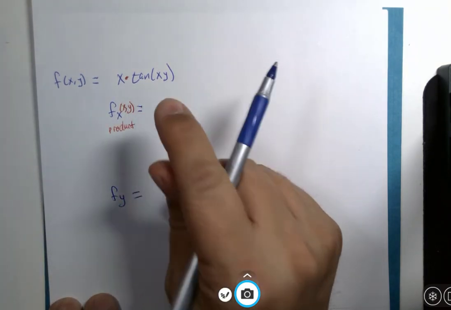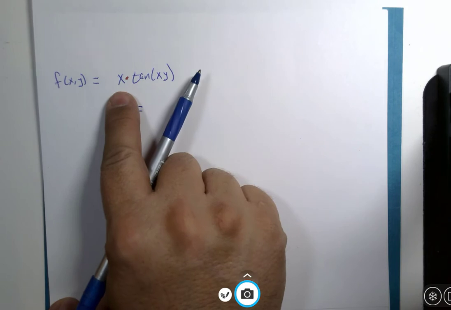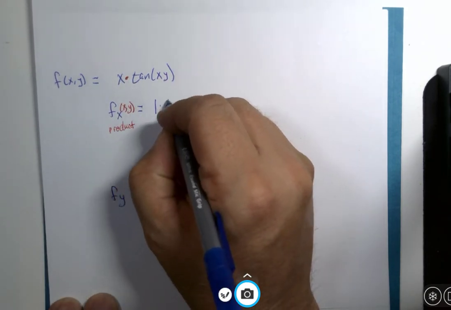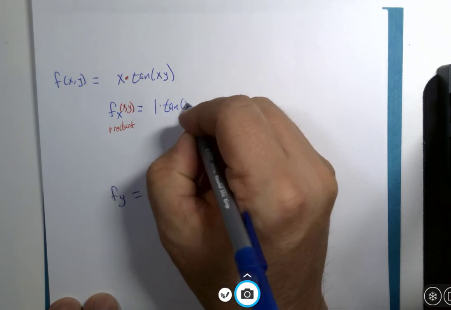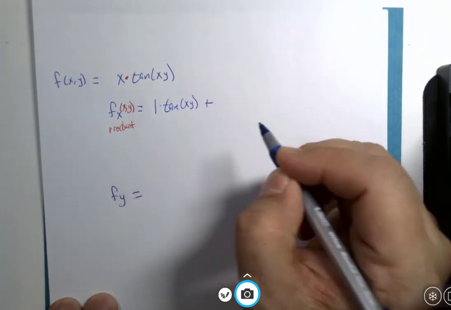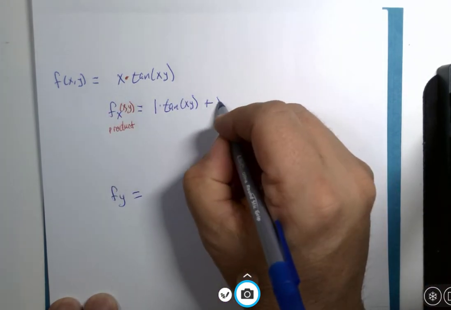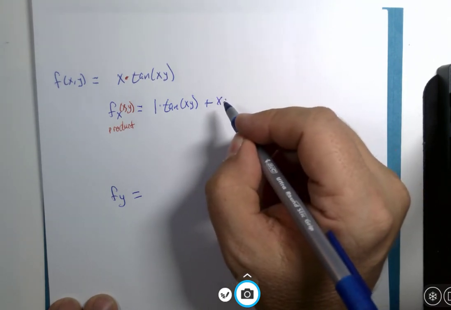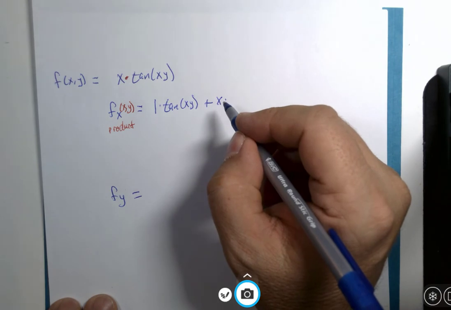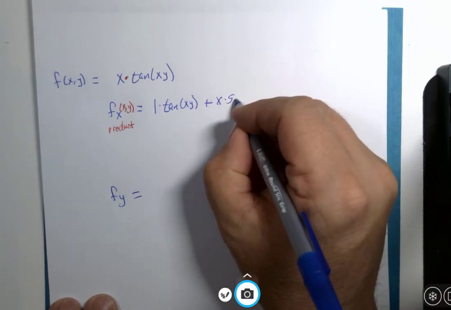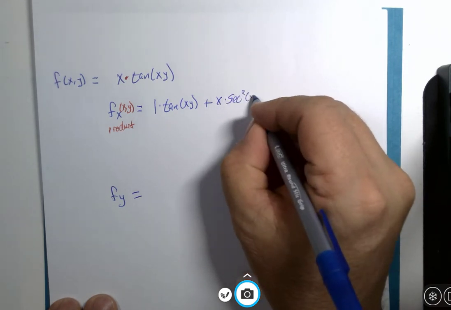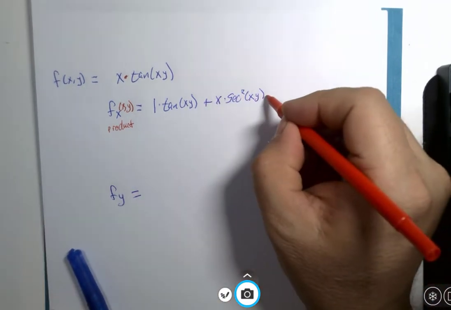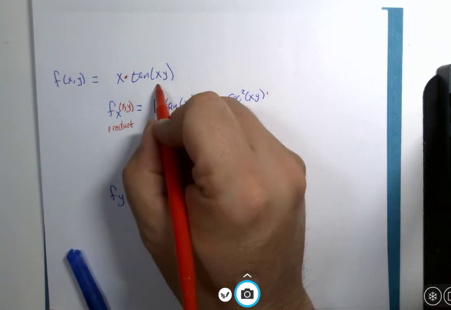So the product rule says the derivative of the first function, which would be 1, leave the second function alone, plus leave the first function alone, and then we have to remember how to do the derivative of tangent. That's secant squared xy. And then we have to figure out what's the derivative of xy.